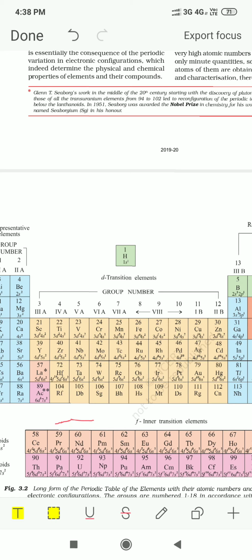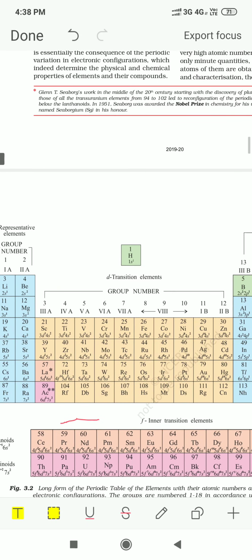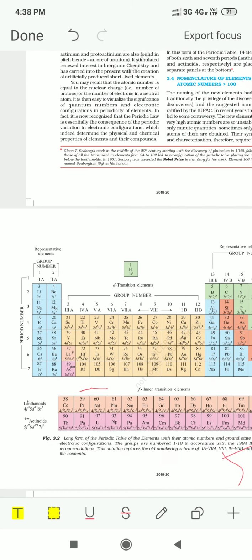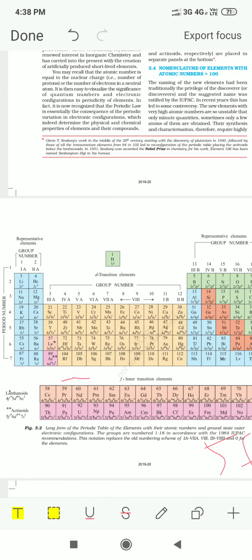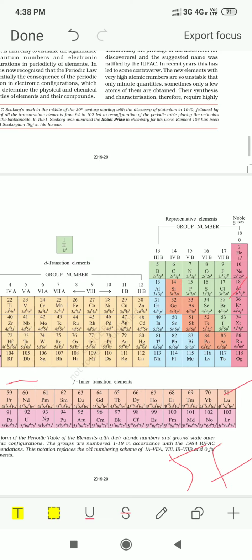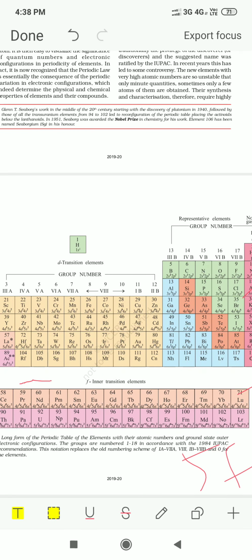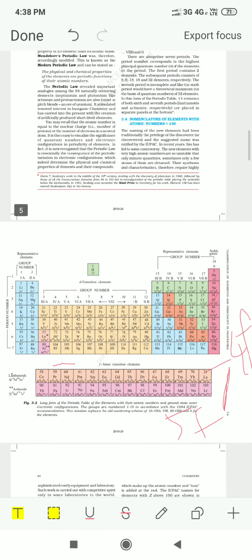Now after this we have the properties of the different groups, s block, p block, d and f. If you look at the periodic table, the metals are placed on the left side, and as we proceed towards the right side we have non-metals. When we move from left to right, the metallic character changes to non-metallic character.